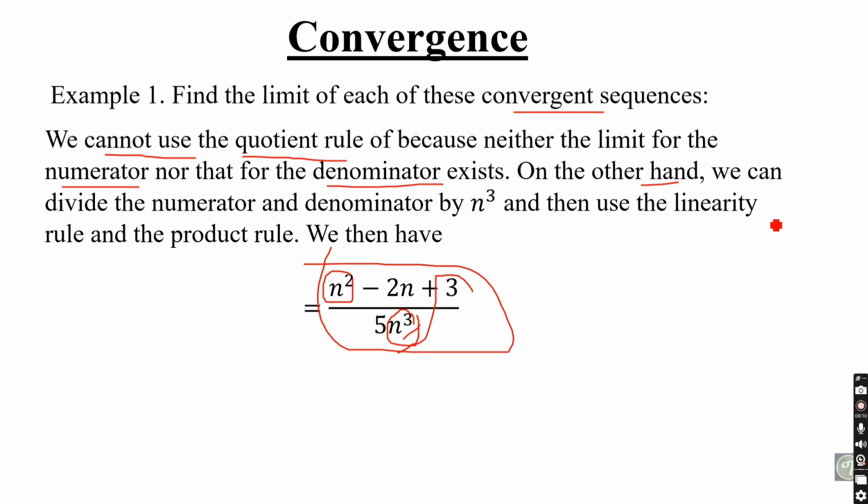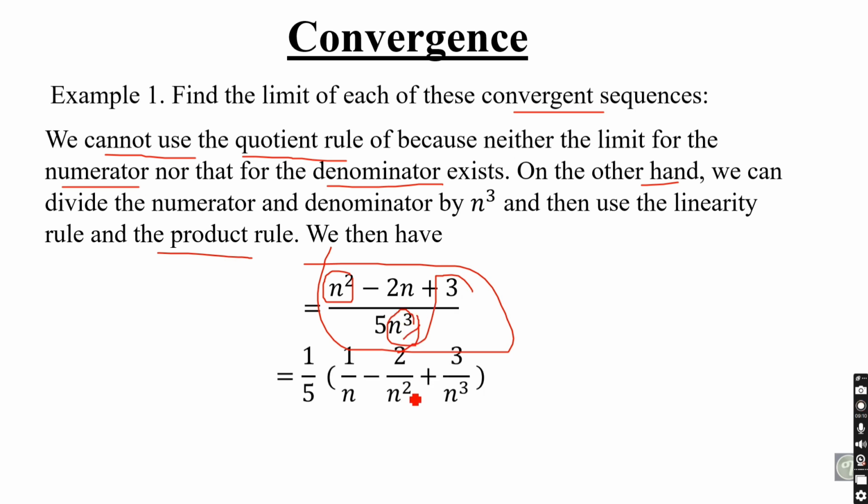On the other hand, we can divide the numerator and the denominator by n cubed, and then use the linearity rule and the product rule. We then have our function, n squared minus 2n plus 3 over 5n cubed.